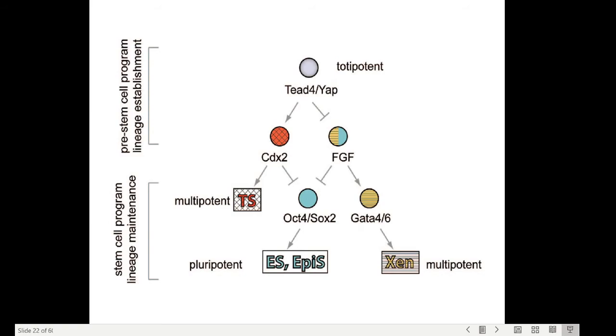Here I am including this just for explaining the role of the totipotent cell and the pre-stem cell, and after the stem cell formation. Okay, in the pre-stem cell program, lineage establishment is happening in the cell. Here the cell lineage is a very important concept.